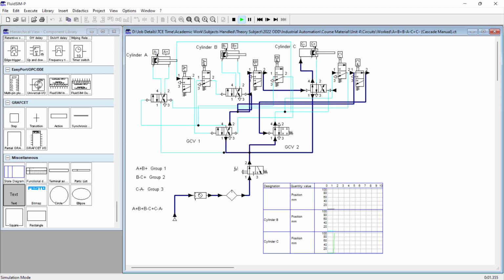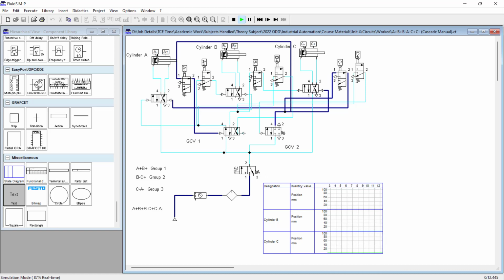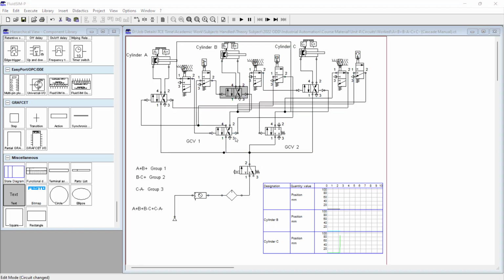When you push the push button, okay, wait, there is a mistake. So here I made one mistake. The DCV2 valve cannot connect with the power source.